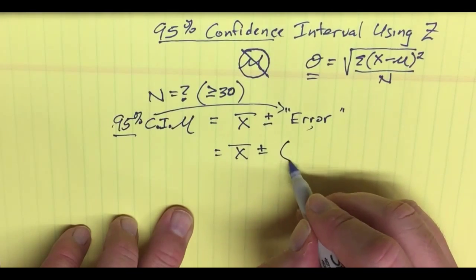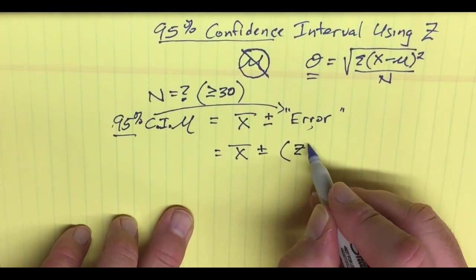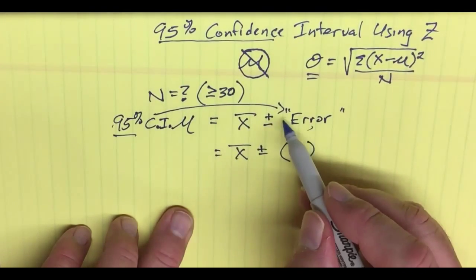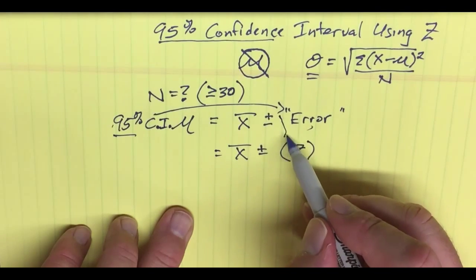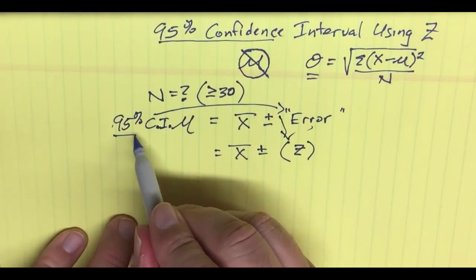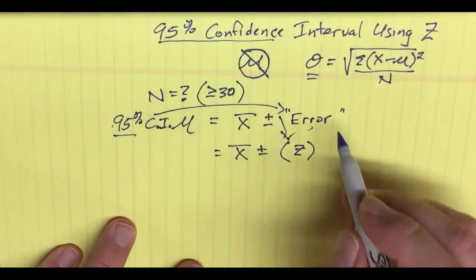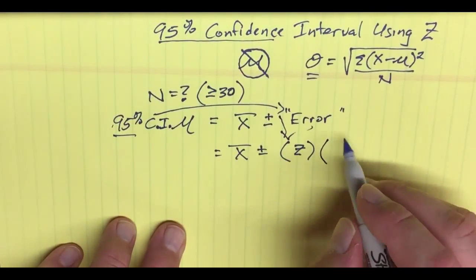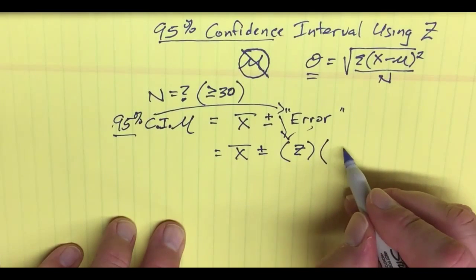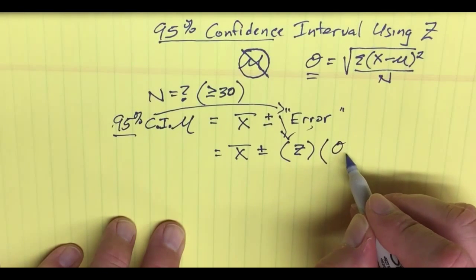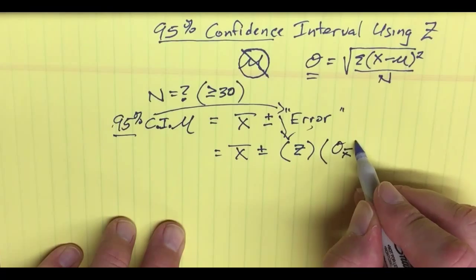The error is going to be made up in this case of a z-score. The z-score is going to be determined by the degree of confidence that we want to have. And we'll multiply that by an error term, which will use the standard error of the mean.